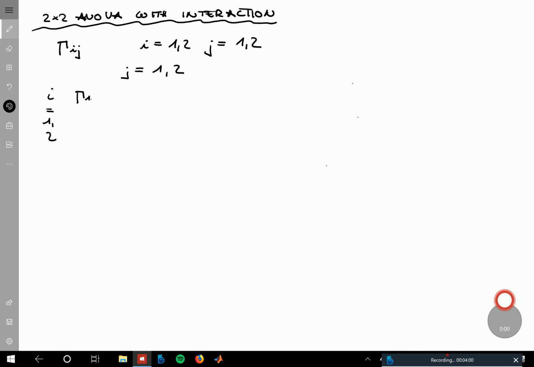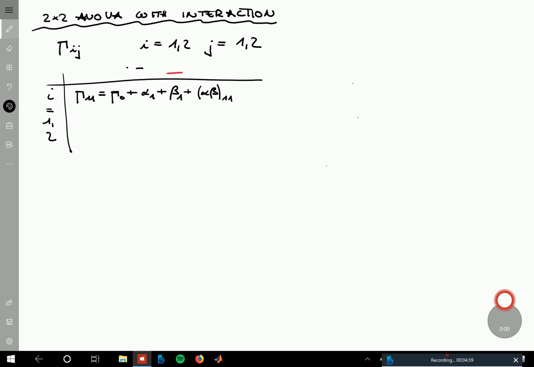For our mu11, the basic idea is to have an offset, the effect of the first level of the first factor, so alpha 1, the first level of the second factor, and a term that models the contribution of the specific combination of the first level of the first factor and the first level of the second factor.